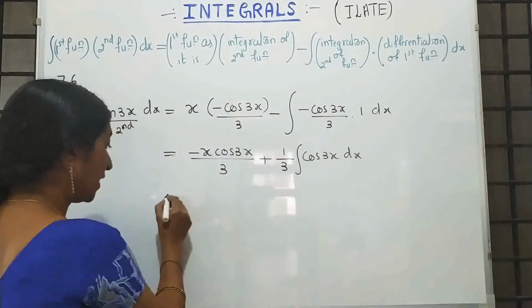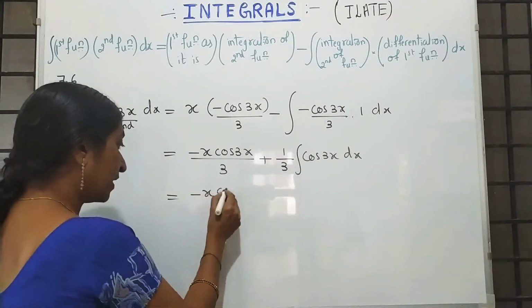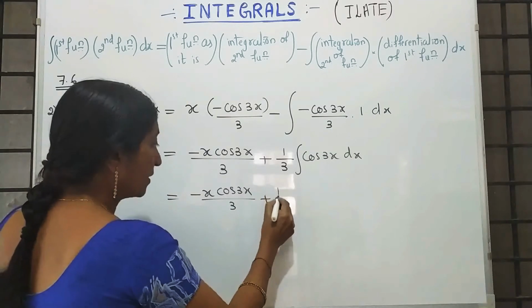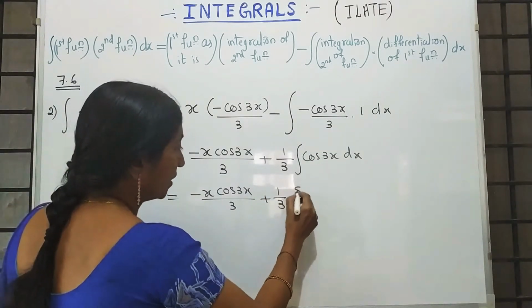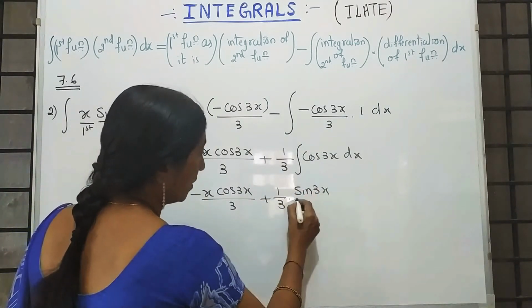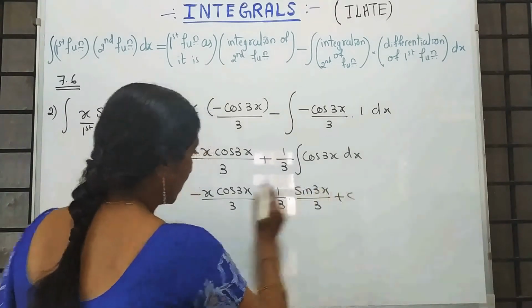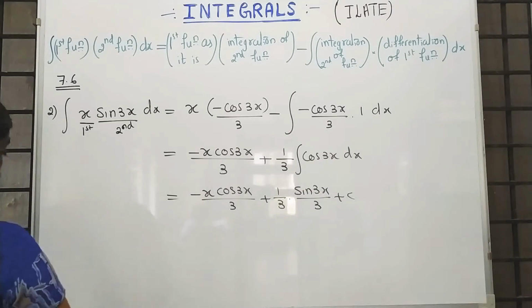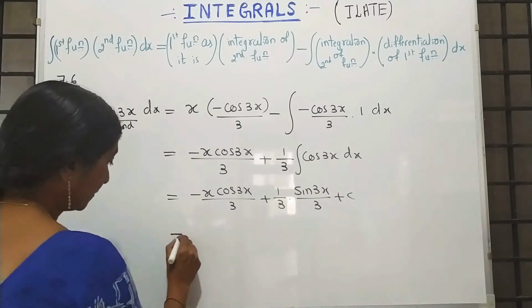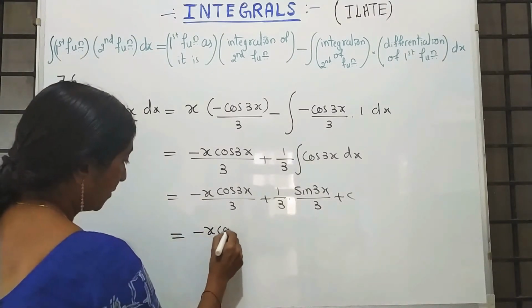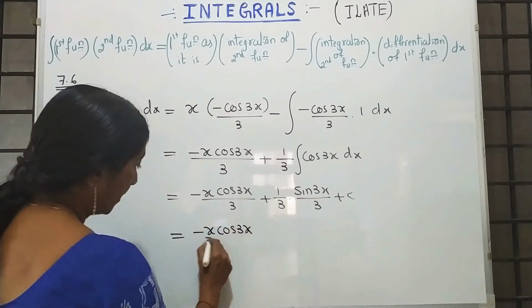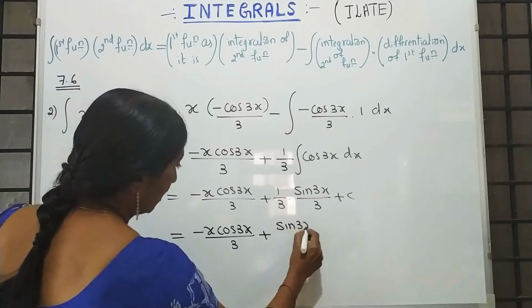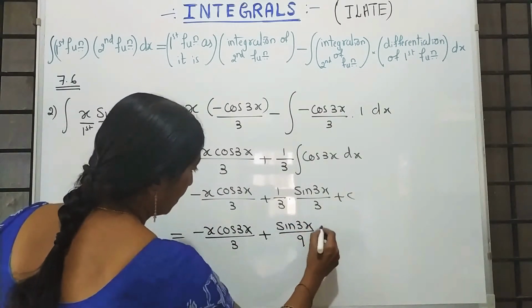Now one term we have, so integrate that: 1 by 3, integration of cos 3x is sin 3x upon 3, plus c. We can write one more simplified step: minus x cos 3x divided by 3 plus sin 3x divided by 9 plus c.